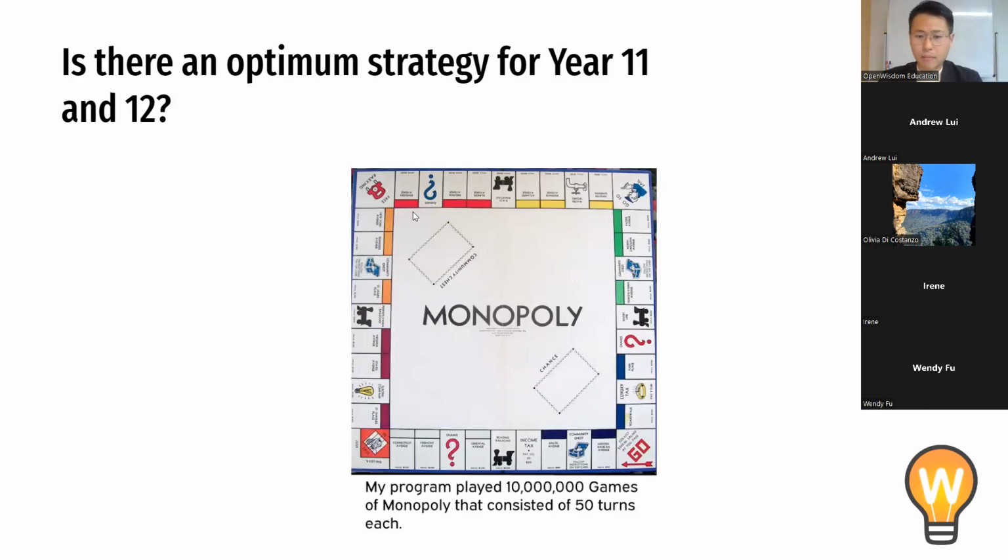Now, a lot of people will think Monopoly is a game of chance, and a lot of other people might argue that it's a game of persuasion. If you run this game on a modeling system 10 million times, completely randomized, consisting of 50 turns for each game, you would be surprised by the result.